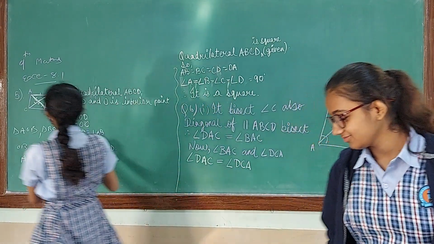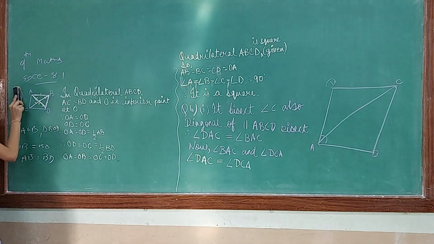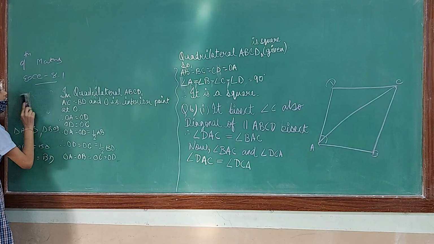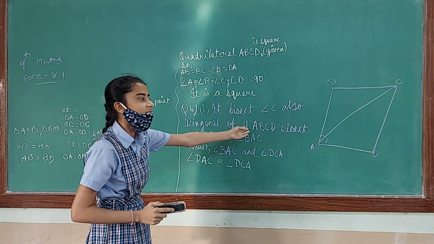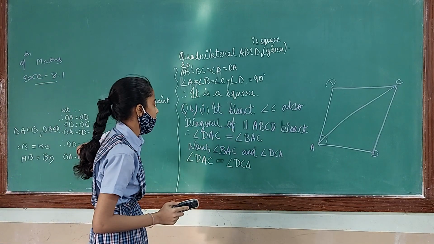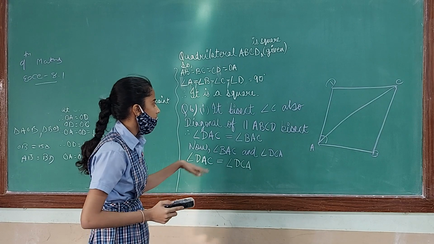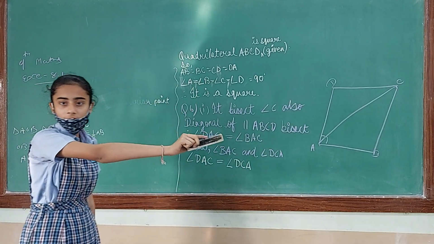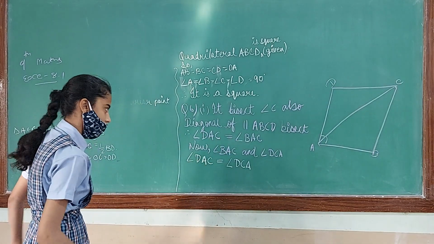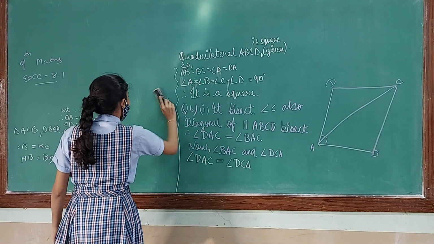Okay, what she wrote, let me read. Diagonal of, what was that? Parallel of sign? Diagonal of what? Parallel to ABC? Totally wrong. How is it parallel? So that is a wrong thing.